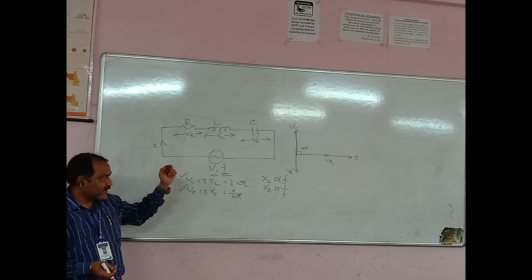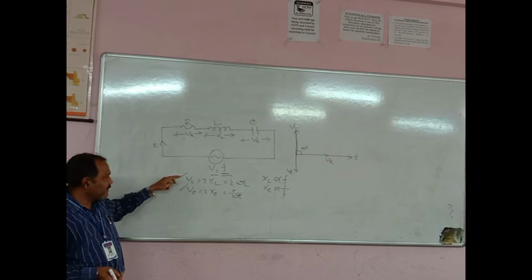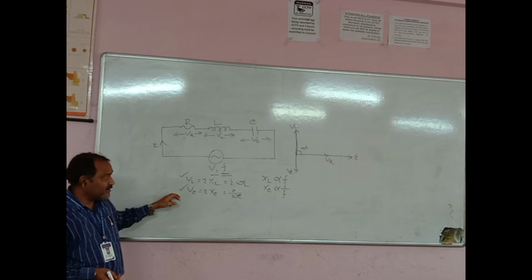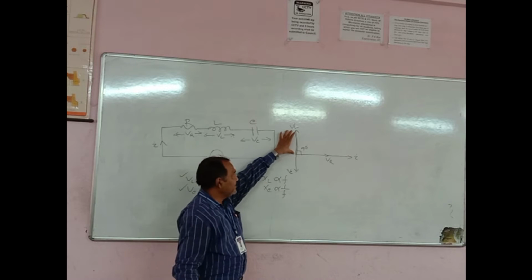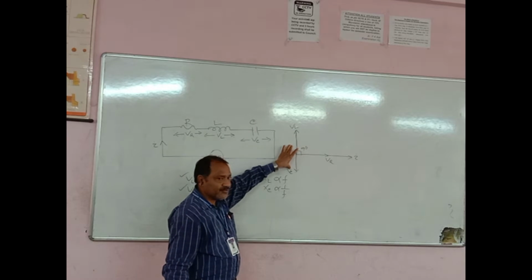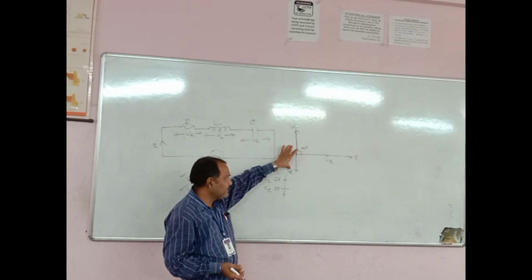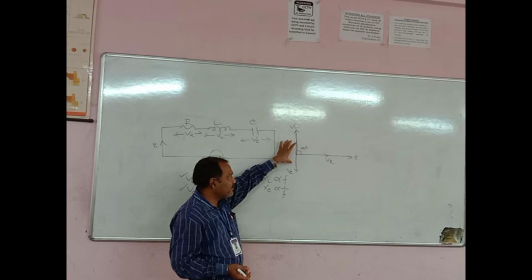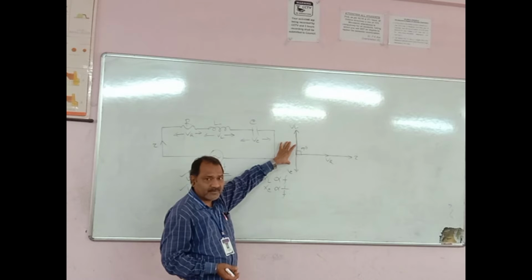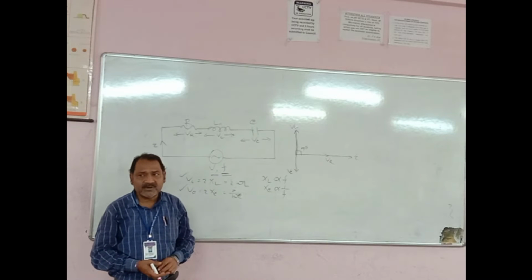If XL is equal to XC, then VL will be equal to VC. Both will be equal in magnitude but opposite in direction, that means out of phase by 180 degrees. Therefore, the net reactive component of the voltage becomes zero, and that is the condition for resonance to occur in the series circuit.